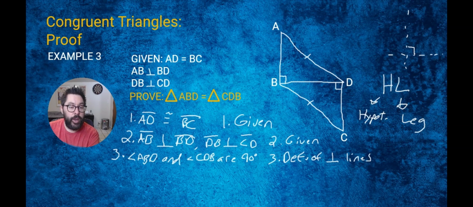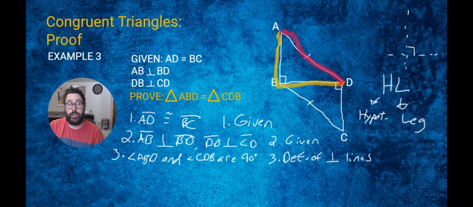In any right triangle, it has two legs, and they form that right angle in the triangle. And then it has a hypotenuse, and that's that other side. In the hypotenuse leg theorem, it's a little bit shorter for right triangles.